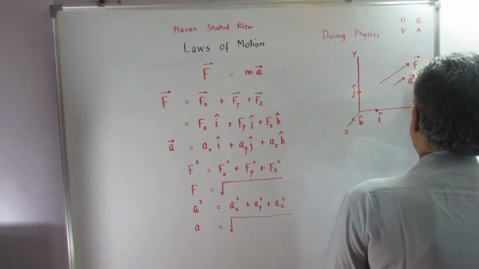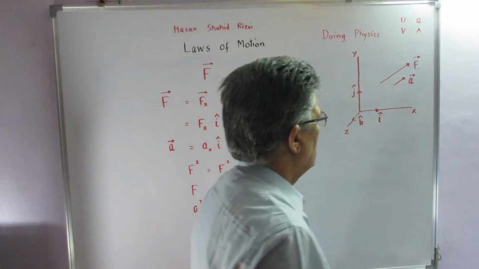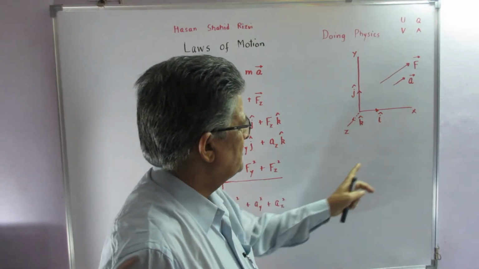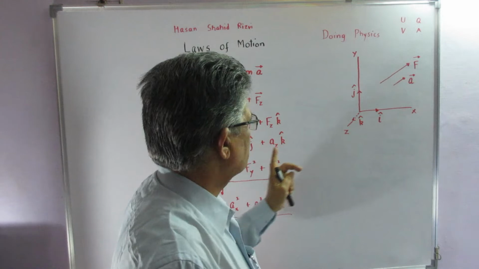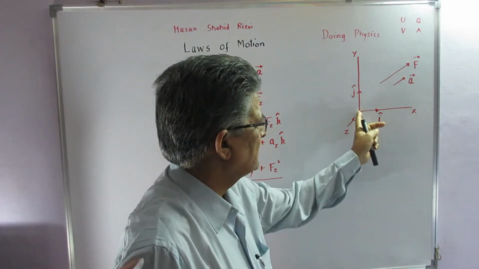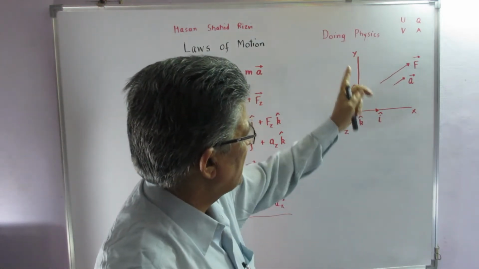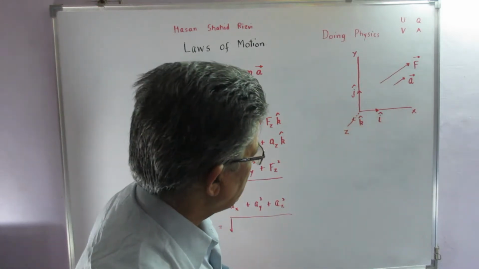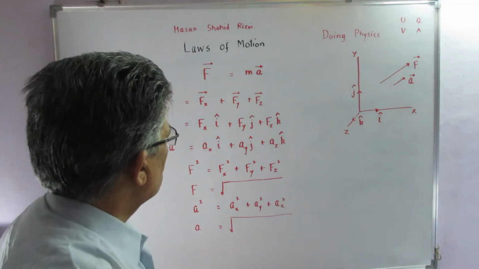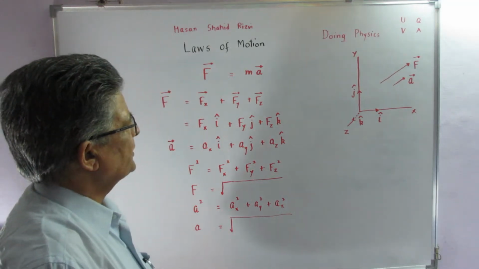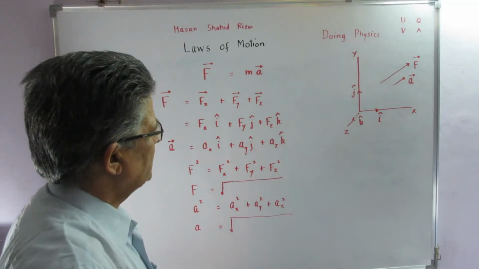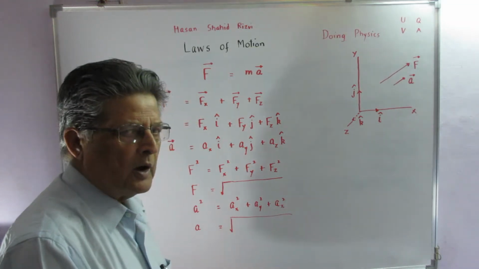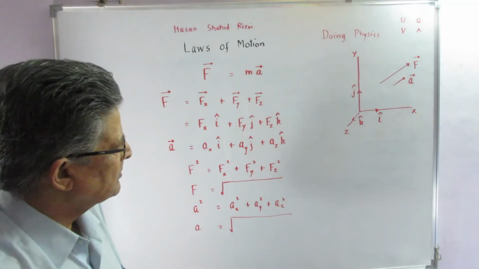So this we have to understand: ax i cap and fx i cap are in this direction, fy in this direction, and fz in this direction, along with ay and az. So this is how we can apply it for the three dimensions that we are aware of in the space-time continuum.